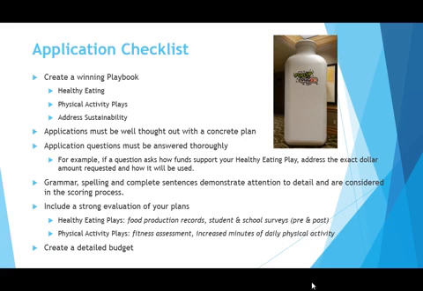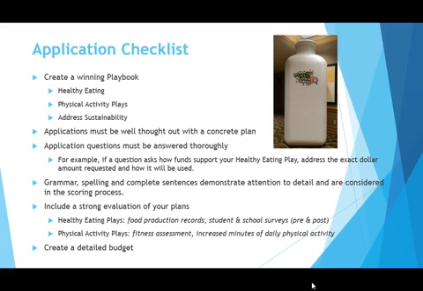Okay, the application checklist, which is available in the overview: simply, you want to create a winning playbook by picking your healthy eating and physical activity plays from the playbook, and be sure to address the sustainability of your plays, and be sure to write down your thinking of your plans.